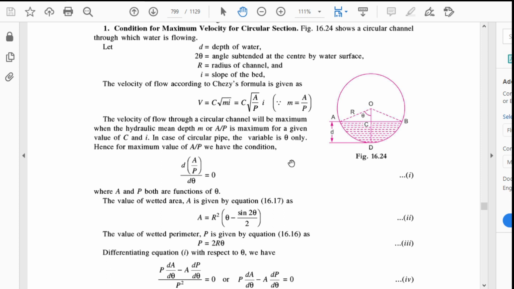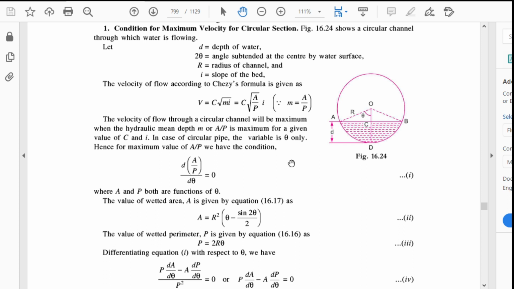Now this velocity through the circular channel will be maximum when the hydraulic mean depth of that given channel is maximum.